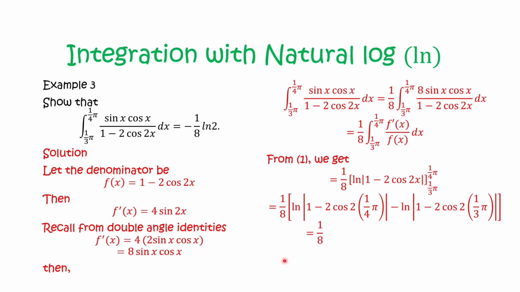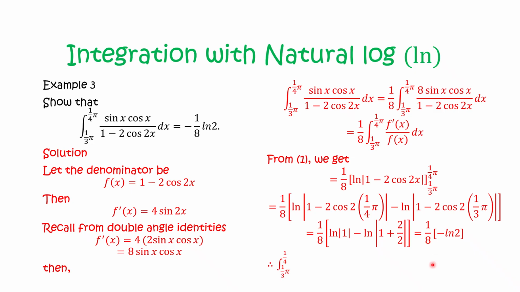Then with that, we go on to simplify our work so that we have 1 over 8 times natural log of 1 minus natural log of 1 plus 2 over 2. And we know that the natural log of 1 is equal to 0, so that one goes to 0. So that what we have left inside the square brackets is a negative natural log of 2.